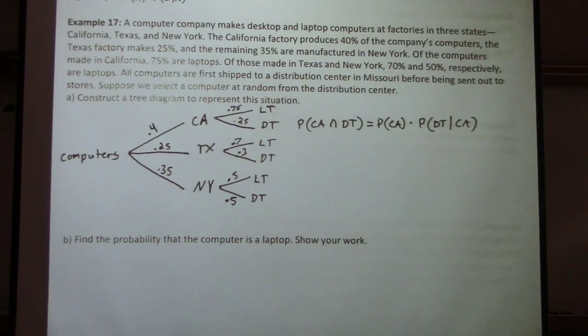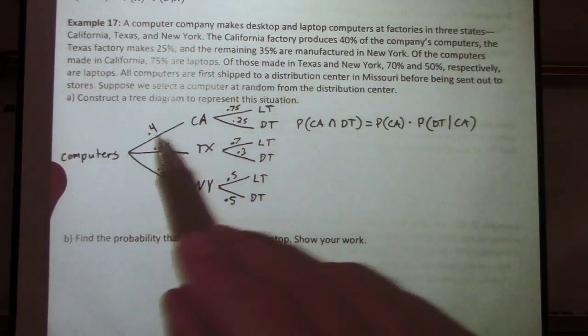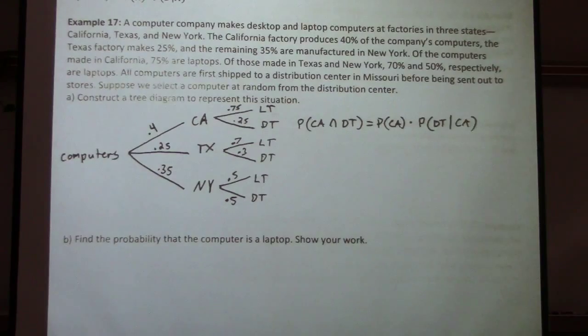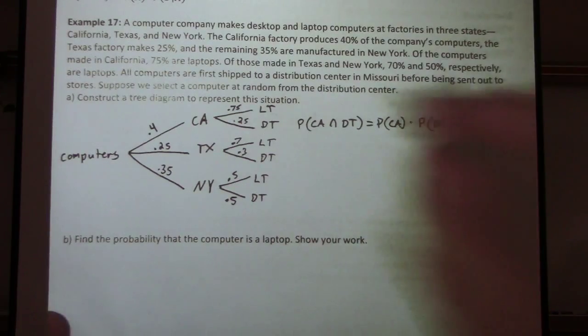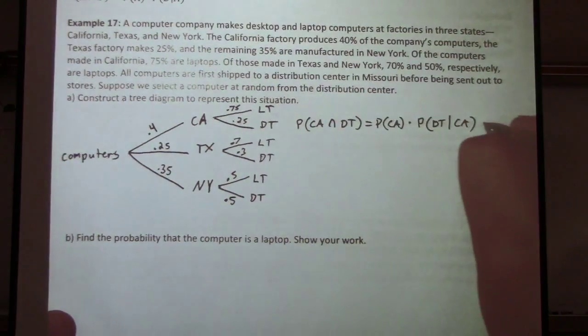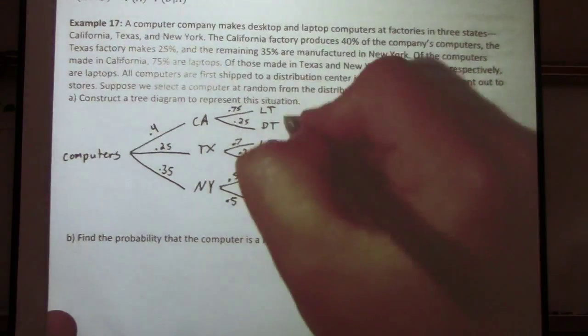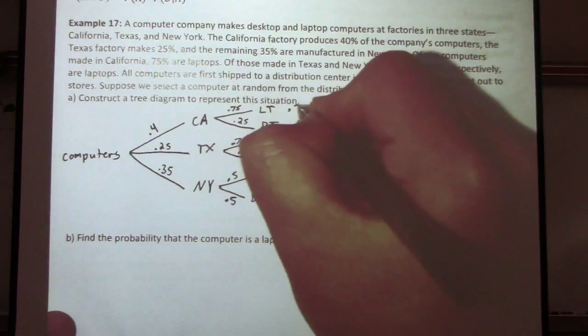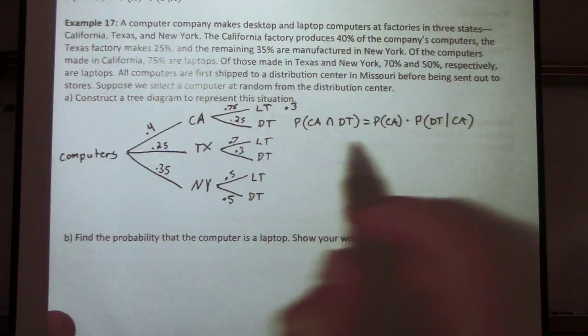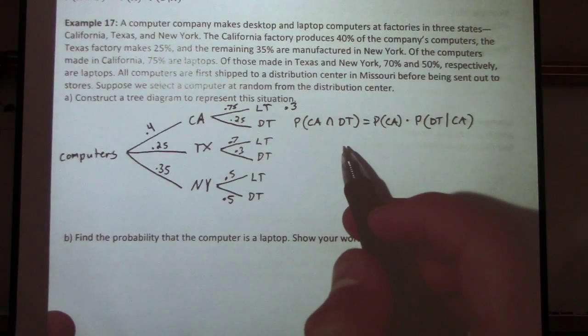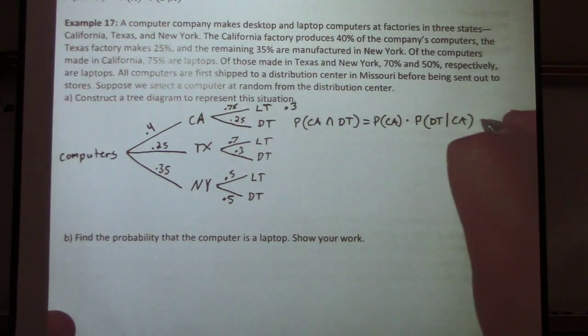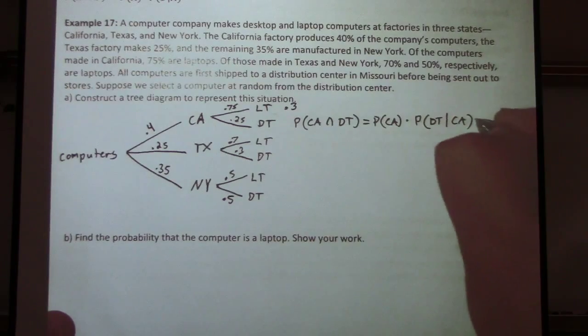So let's see what that actually is in this case. 0.4 times 0.75. Is that 0.3? Yeah. Okay. So this one, oh wait, that's for this top one for laptops. This would be 0.3 up here. Down here would be 0.1.